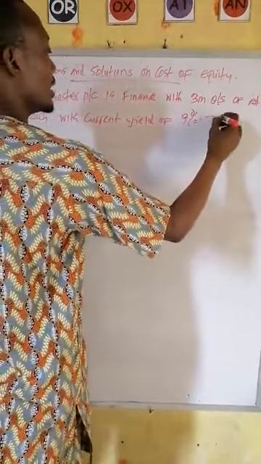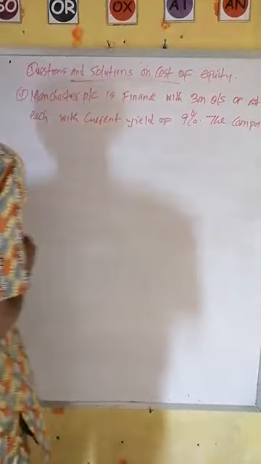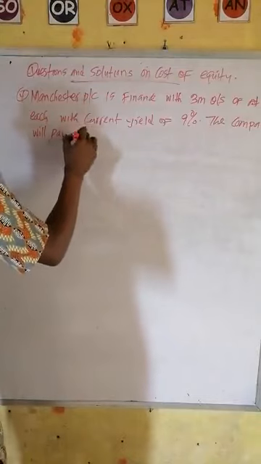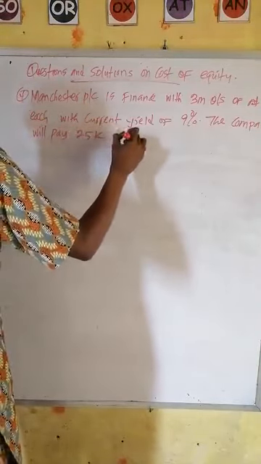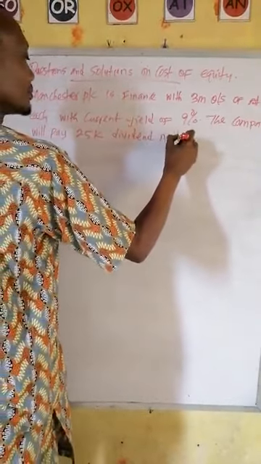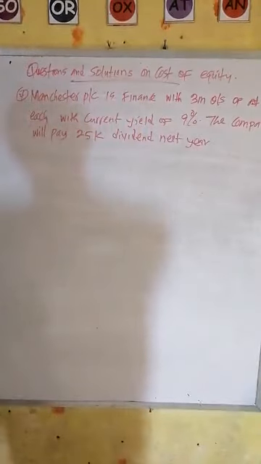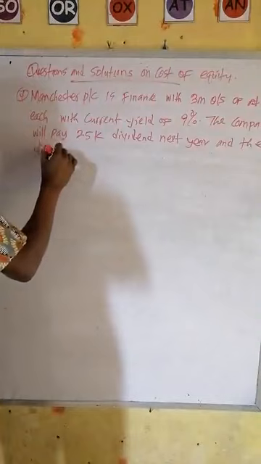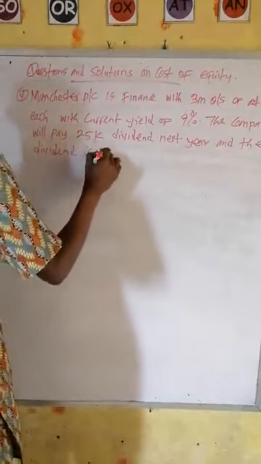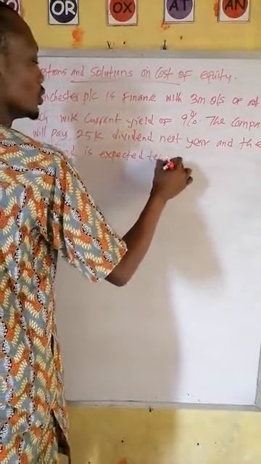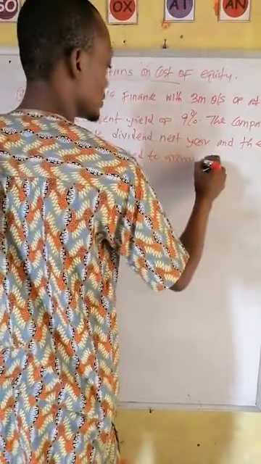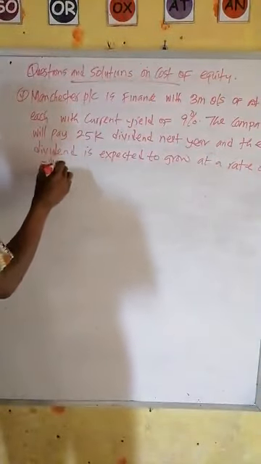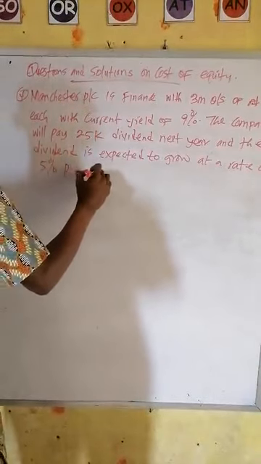Let's go further: the company will pay 25 kobo dividend next year, and the dividend is expected to grow at a rate of 5% per annum in perpetuity.